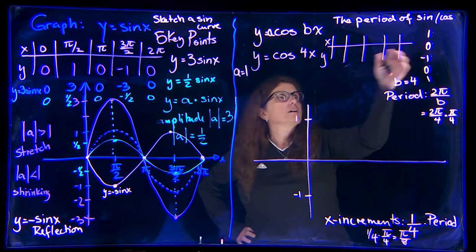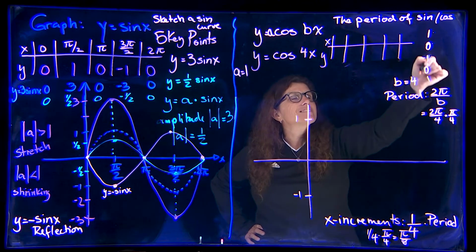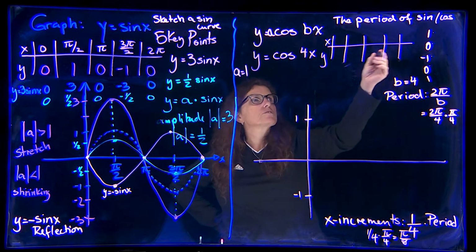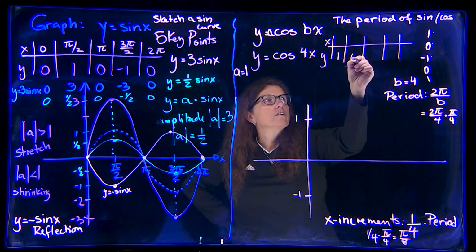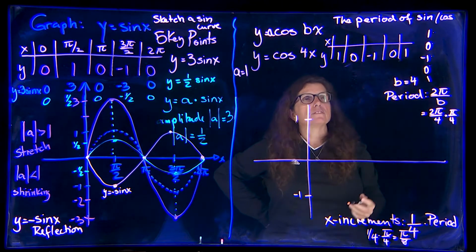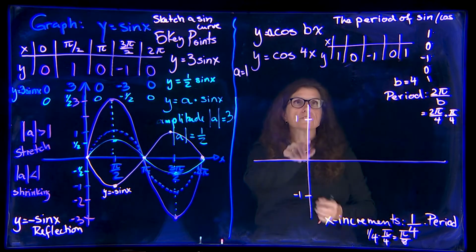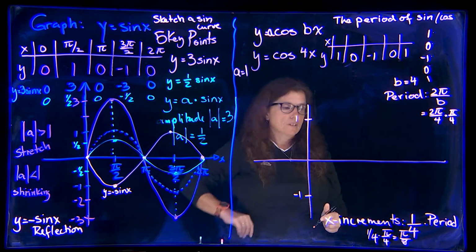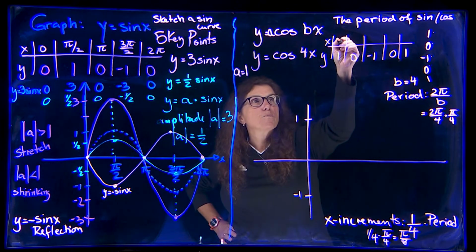Okay, so I have them listed here, the basic y values for a cosine function. So we start with 1, 0, -1, 0, and 1. These are my y values. Of course, this is not shifted to the left or to the right, so my first point would be 0, 1.